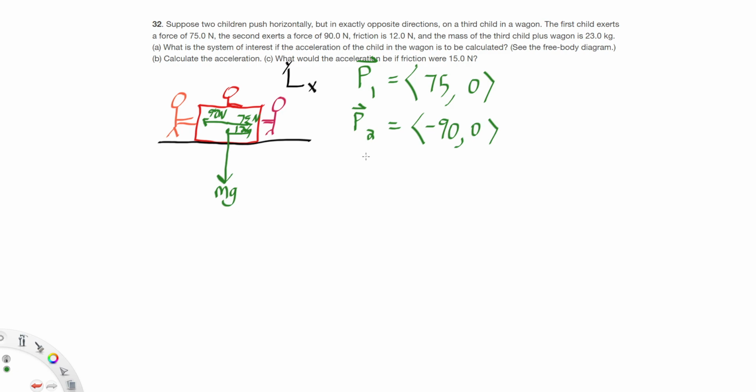Friction, and I usually use a scripty F for friction just because capital F is already used for forces. So scripty F will be my friction symbol. And it's going to be acting in what we've drawn as the positive direction. And the weight is going to be nothing in the x direction.